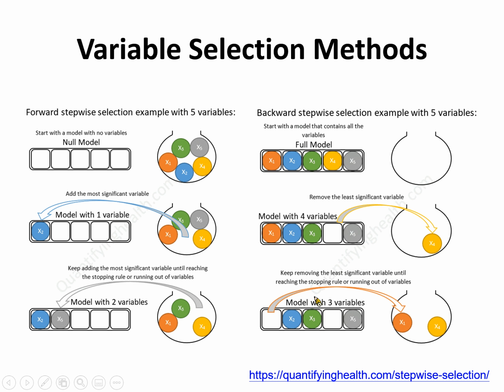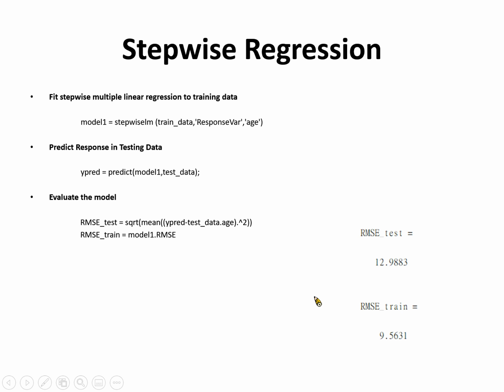So that's what I want to show you: how we do this in MATLAB. In MATLAB, there's a simple and useful function called stepwiselm, the stepwise linear model. This function is very similar to fitlm. The difference is that with fitlm you can also manually add or remove predictors, but stepwiselm will automatically do the job for you.